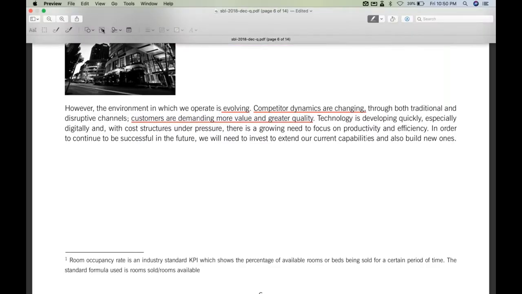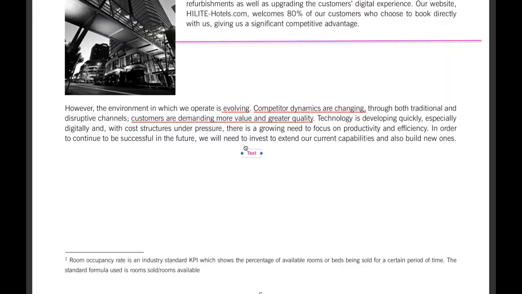So this is actually related to your home demand. Technology is developing quickly, especially digitally, and with cost structures under pressure, there is a growing need to focus on productivity and efficiency.